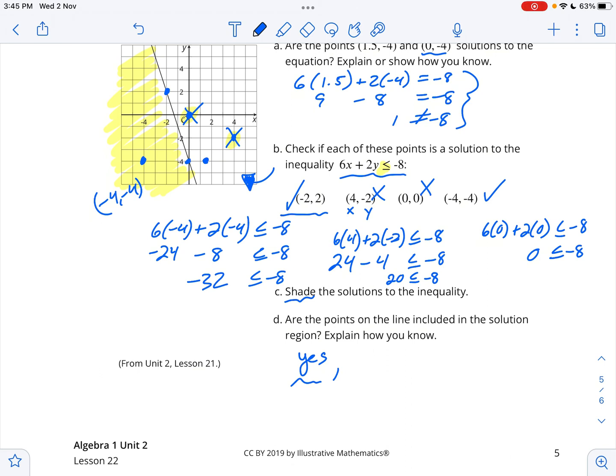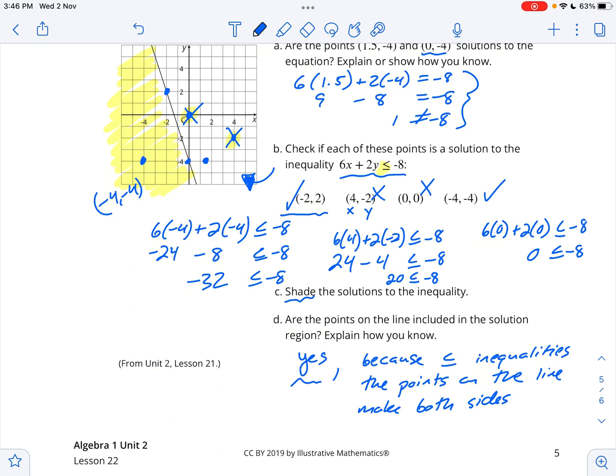I could say it's because with less than or equal to inequalities, the points on the line make both sides equal, thus a true statement.